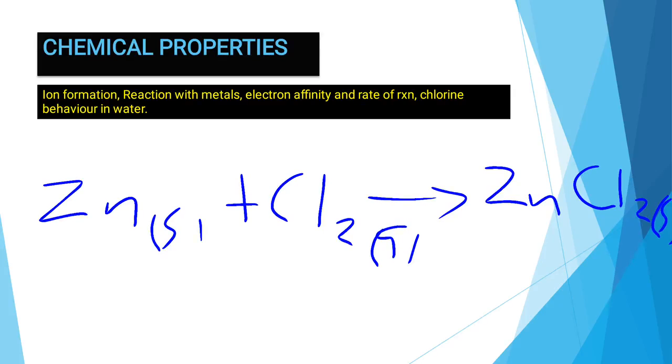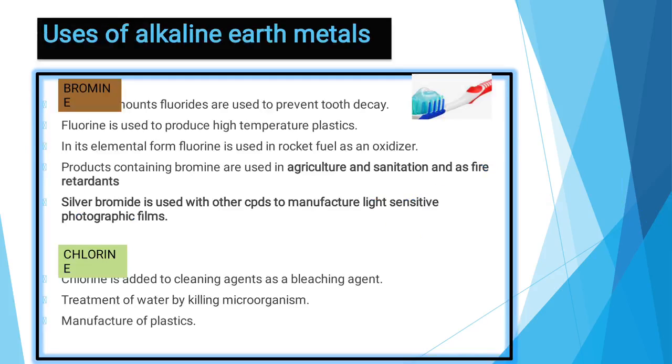So at that point, let's look at some of the uses of these elements. We begin with fluorine. Small amounts of fluorine are used to prevent tooth decay, and they are used in the manufacture of toothpaste.